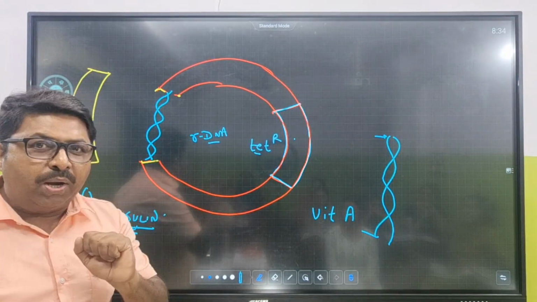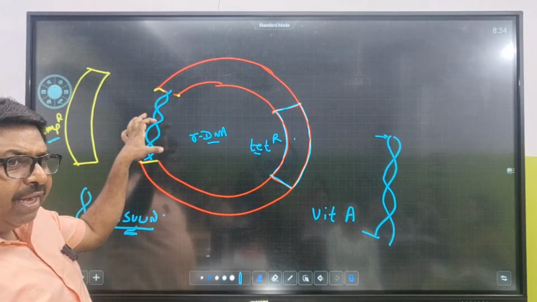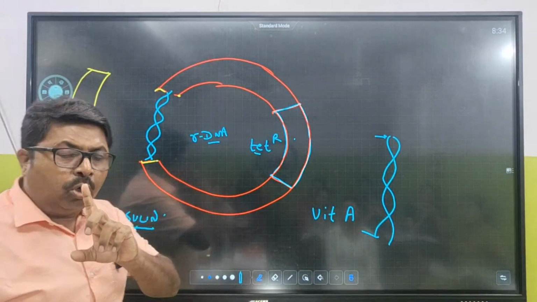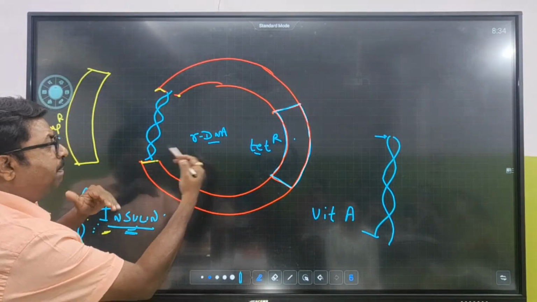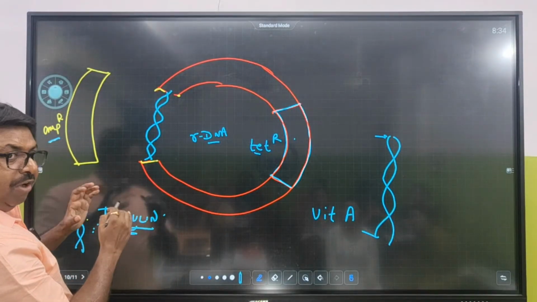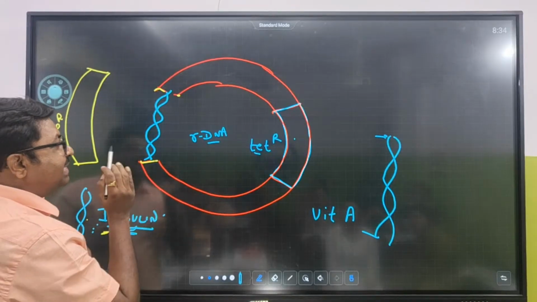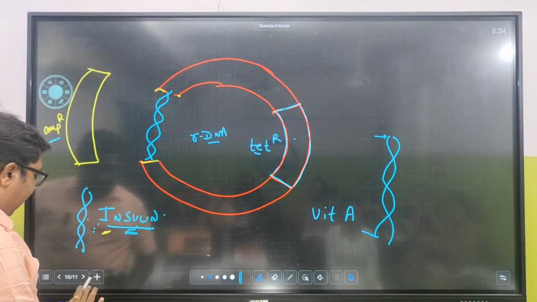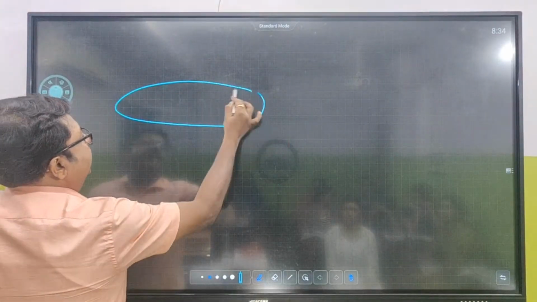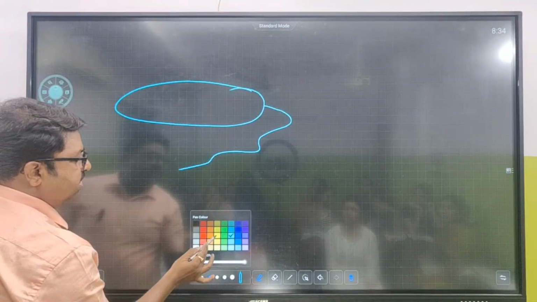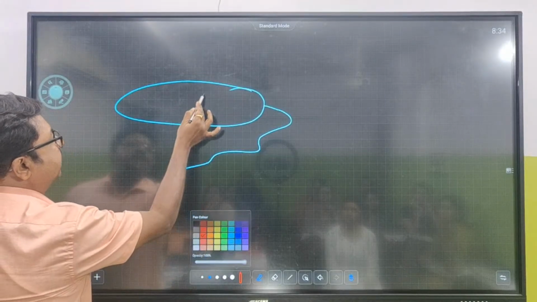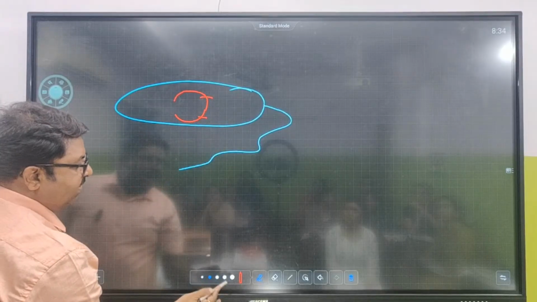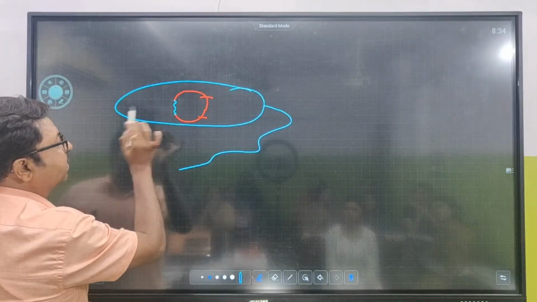But do we want only the insulin forming DNA to be present over here, or do we want both of our DNAs to be present? Both. So how do we understand which part of our gene of interest has gone where? See, this rDNA we have to put back inside bacteria and culture the bacteria in a medium. Say for example this is a plasmid, and this is our gene of interest which has gone over here.